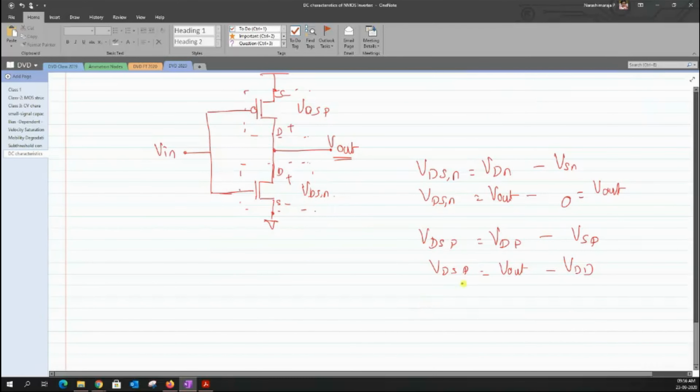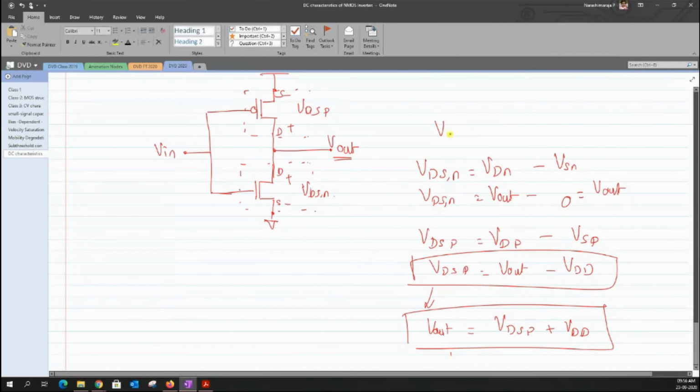So I can rewrite this expression such that on the left side I have Vout, and towards the right side I just add this value of VDD to it in order to get the common expression. So we have our Vout in terms of VDSN and our Vout in terms of VDSP.